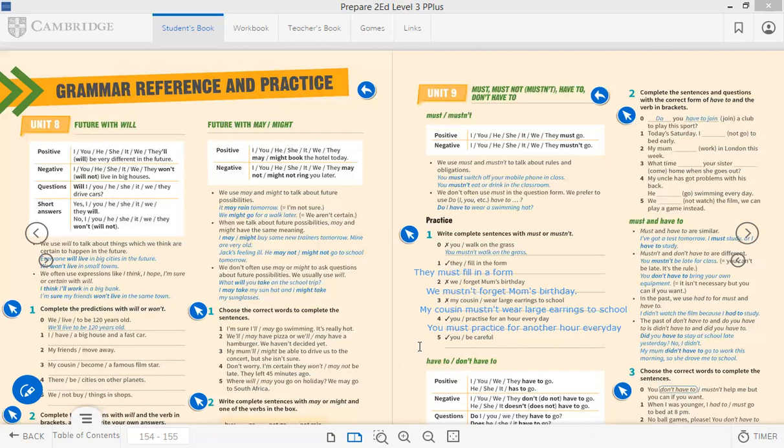And the last one, be careful. You must be careful, exactly.